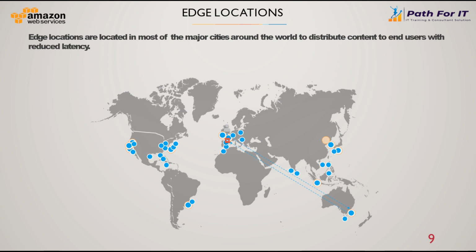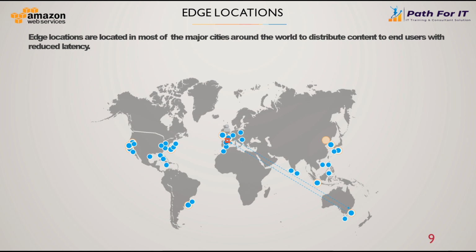Edge locations are located in most of the major cities around the world to distribute content to end users with reduced latency. It means we are going to accelerate the speed using the edge location. We need to understand the edge location in AWS is a data center facility that is part of the AWS global infrastructure network.